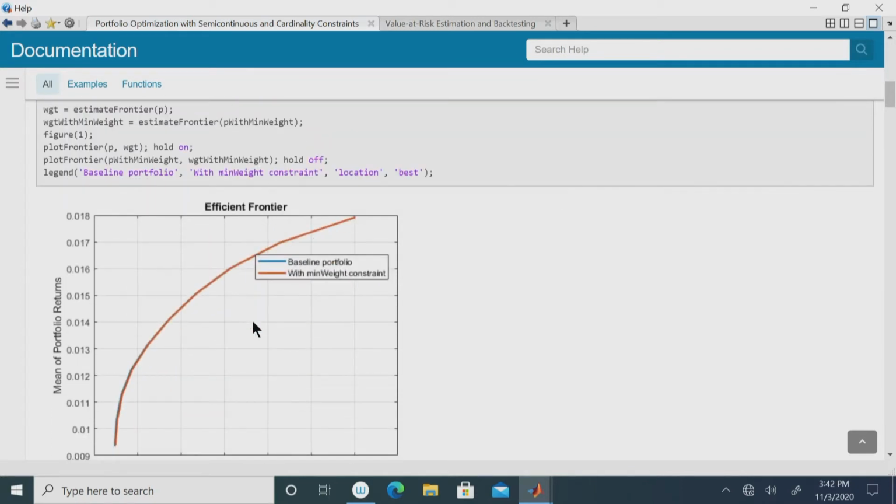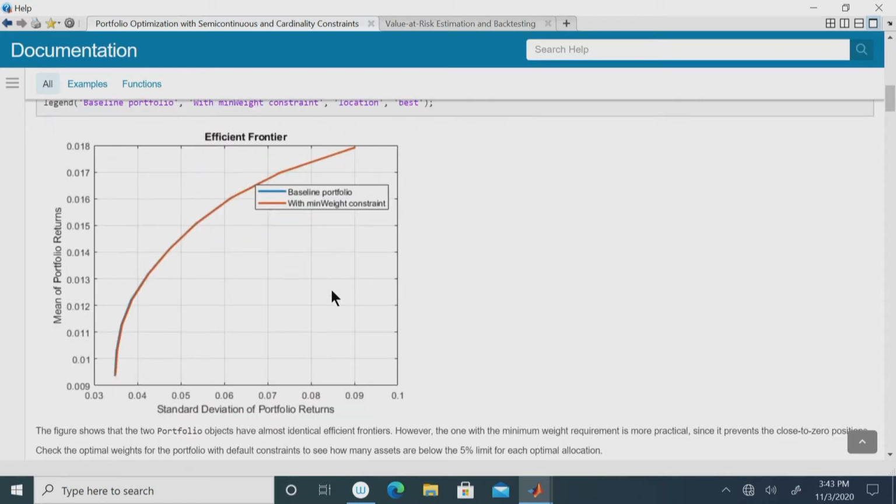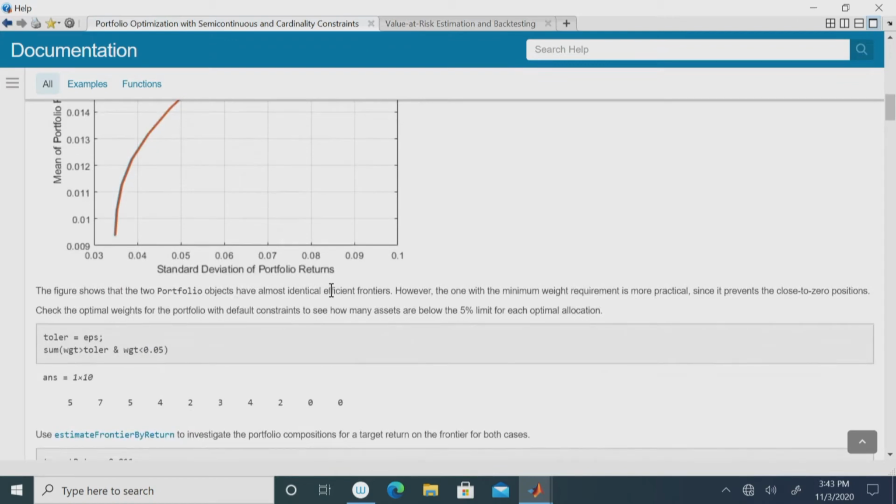If we look at the efficient frontier, you will observe very carefully that the baseline portfolio and the minimum weight constraint portfolio are almost identical to each other, except at this part where the blue line for the baseline portfolio is slightly above the minimum weight constraint. Now, what you can do is also test those optimal weights of the portfolio with default constraints, and ascertain how many assets are actually below the 5% limit for each optimal allocation.